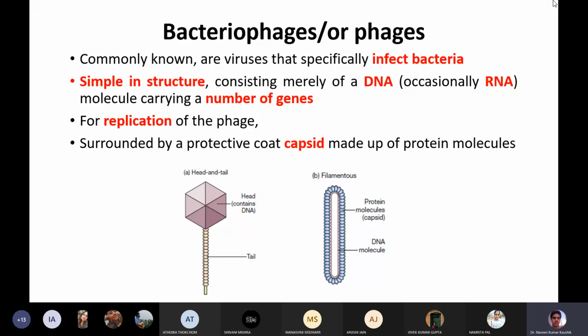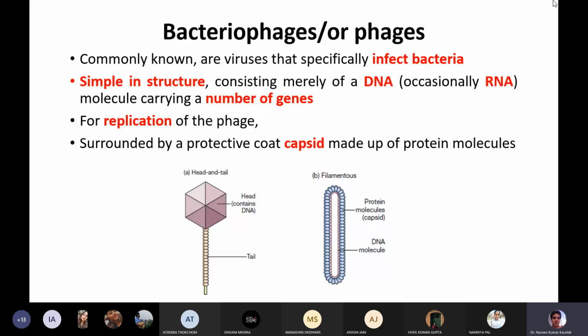Packaging means the lambda DNA is packaged within the capsid, and then goes for lysis. If the DNA does not get packaged within the capsid, then it is of no use. So packaging within the capsid is one property that must be there, and only then can you harvest after the lytic phase.